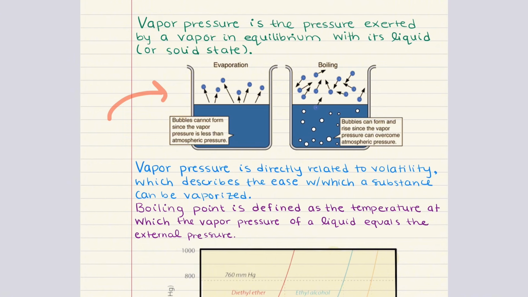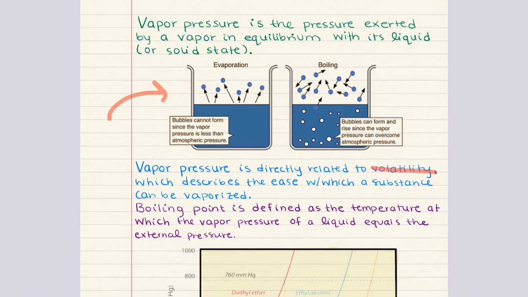Vapor pressure is also closely linked to the concept of volatility, which is how we describe how readily a substance can vaporize. A volatile substance has a high vapor pressure at a given temperature, and it can easily transition into the gas phase.